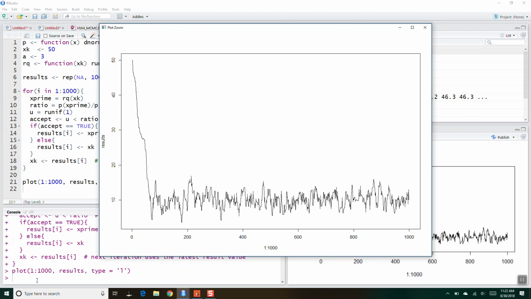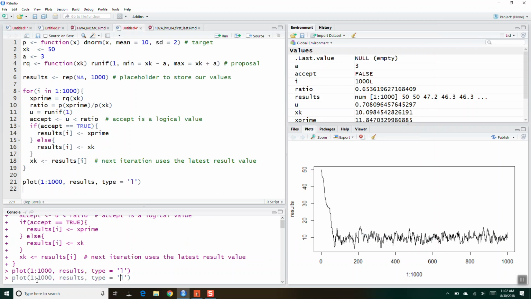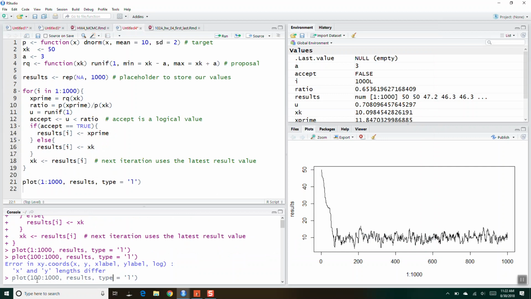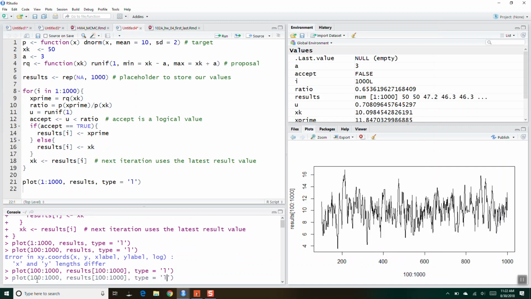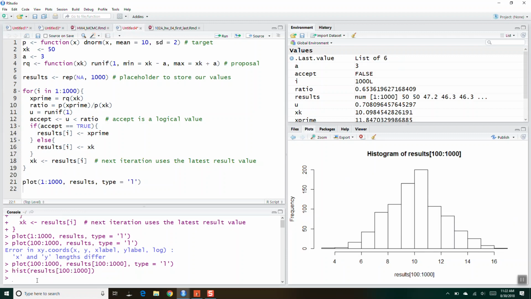Is that okay? Let's throw away maybe the first 100 values. So if we do 100 through 1,000, let's take a look at that. Let's make a histogram of the values 100 through 1,000. Okay, and it looks kind of normalish, mean 10, standard deviation 2.